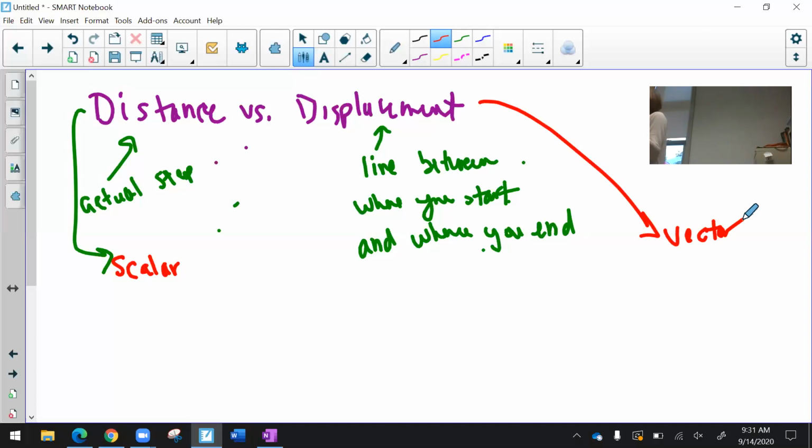I could make that same number of steps and walk someplace else, okay? But displacement is not only that distance that is between my start and my end point, it's also a direction. So my displacement would be different if I went from Miss Heaps's room to here. The length of that vector would be the same, but it would point in the opposite direction, okay?